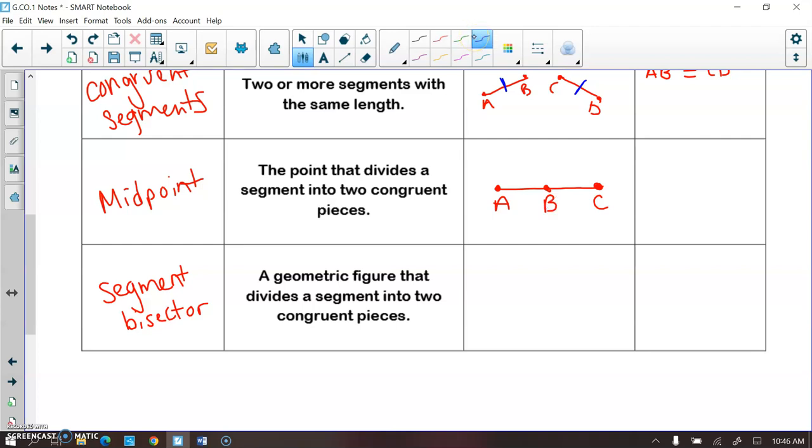You would need the tick marks to represent that AB is congruent to BC, and so we would then know that B is the midpoint. And how we would notate that is we would say B is the midpoint of segment AC.